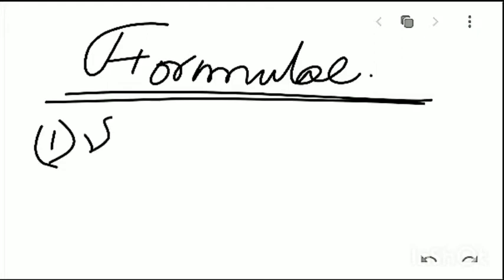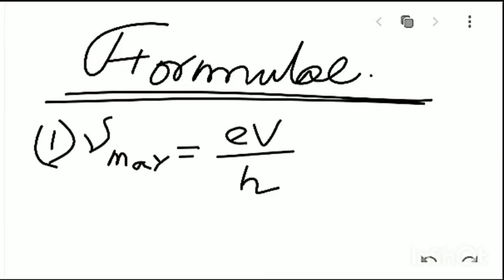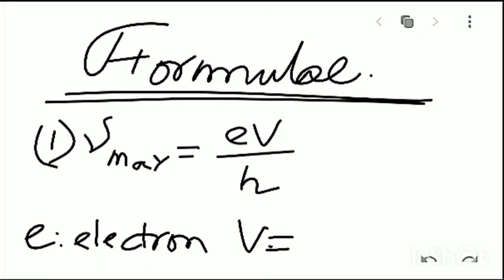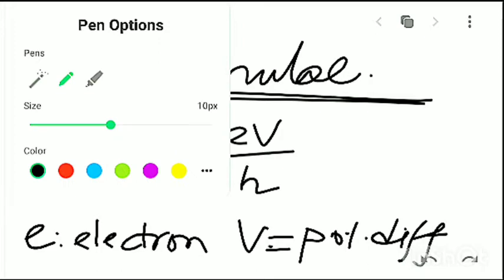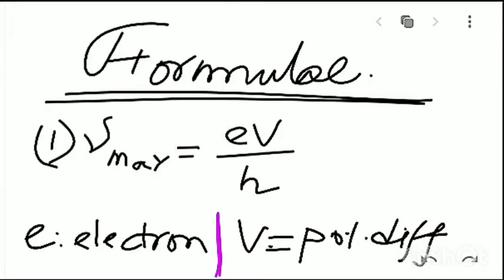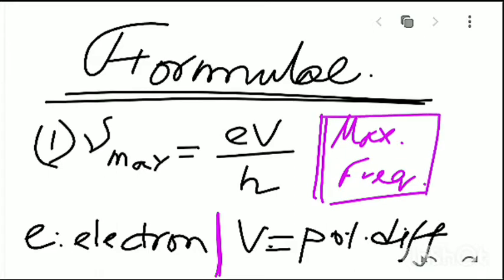The formula is nu max equals eV by h, where e is the electronic charge, V is the potential difference applied, meaning how much voltage you are giving, and h is Planck's constant. I am not mentioning that any further. That 6.6 value is known to all of you. So this is the formula for the maximum frequency of X-ray that will be emitted for a particular potential difference. This is the first important formula you require.